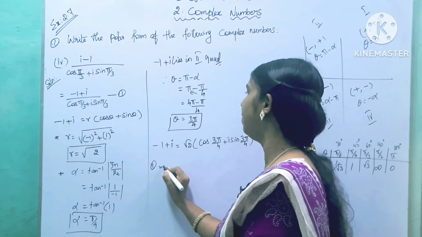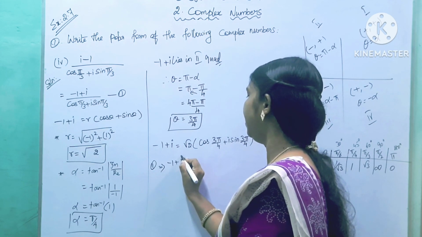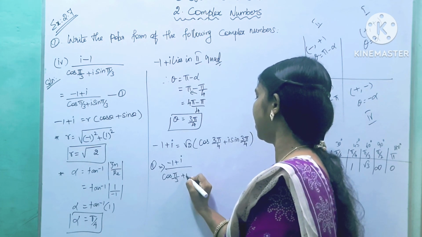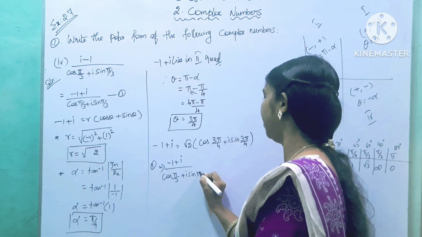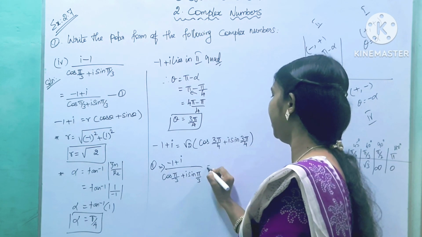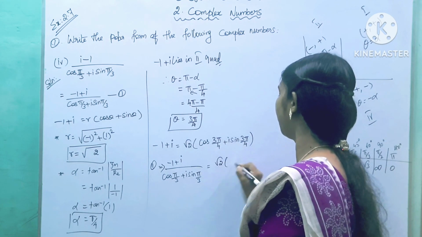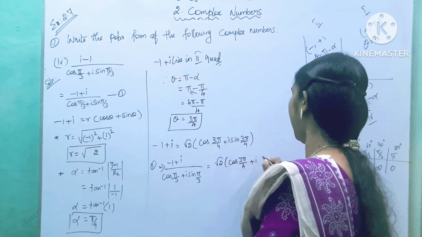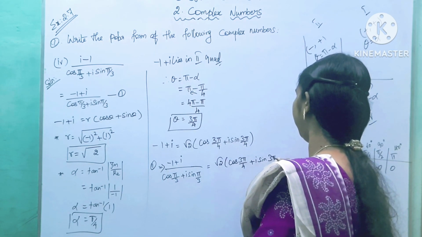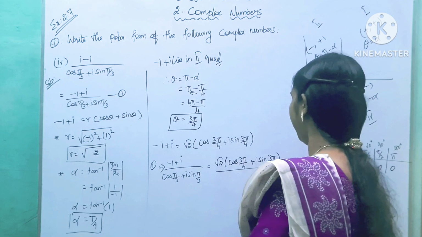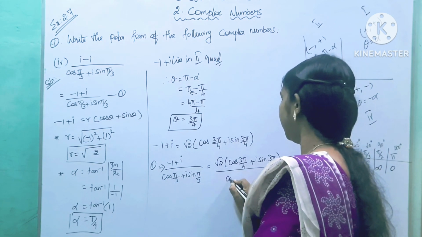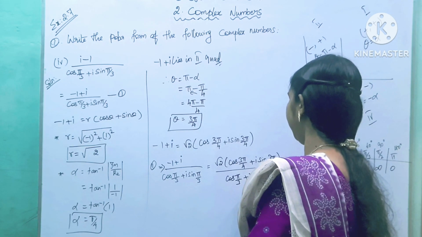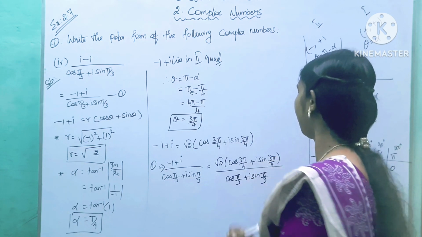So, equation 1 becomes minus 1 plus I divided by cos pi by 3 plus I sin pi by 3. இப்போ நம்ம எப்படி எழுதலாம்னா root 2 into cos 3 pi by 4 plus I sin 3 pi by 4 divided by cos pi by 3 plus I sin pi by 3.